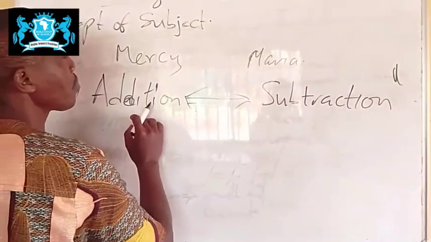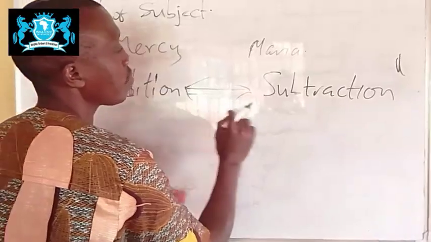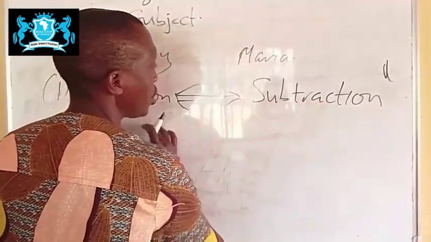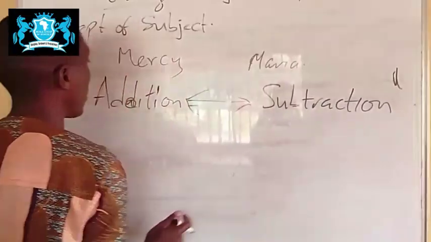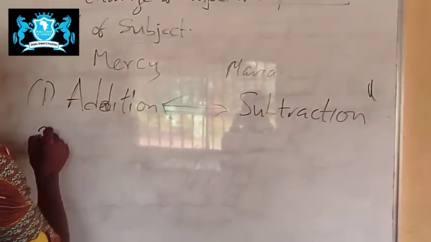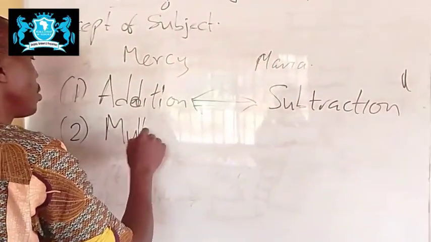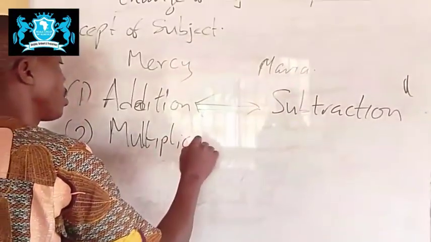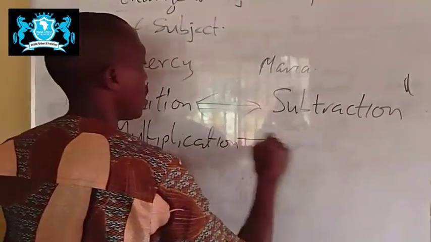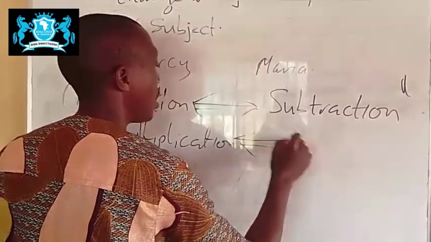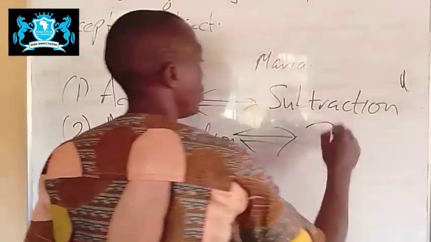So whenever you see subtraction, you neutralize it with addition and vice versa. Conjugate number 2 is multiplication, double-ended arrow, division.